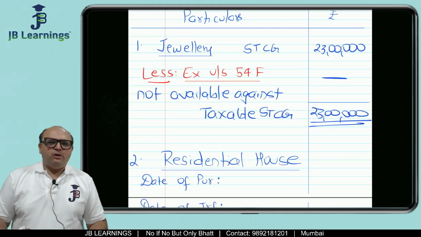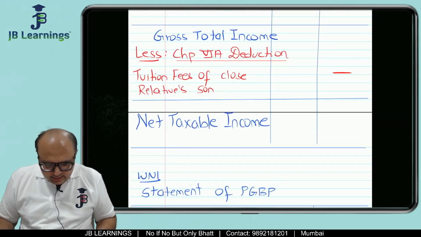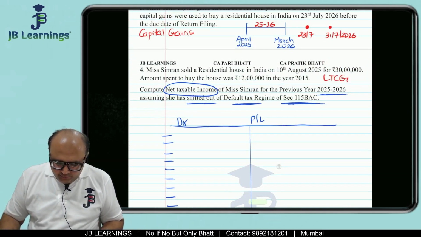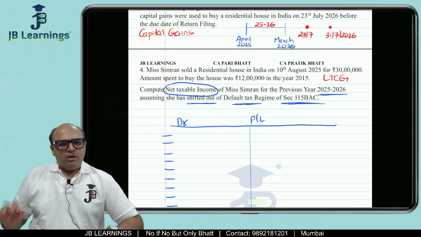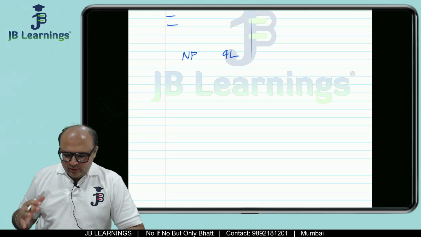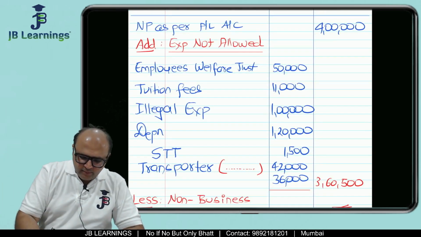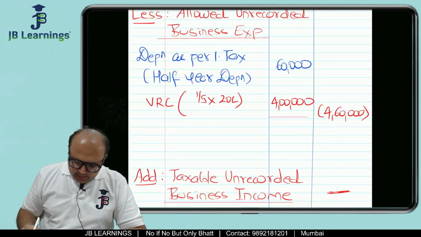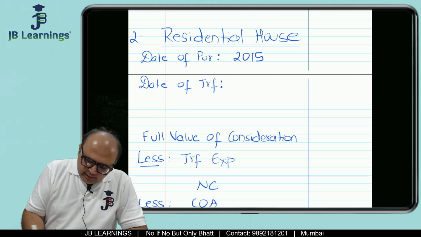Now very special about residential house. See what they have said about residential houses, that the date of purchase was in the year 2015. So what I do always with my students is, first we write the type of capital asset, residential house. Then we write date of purchase. So friends, the date of purchase is 2015.